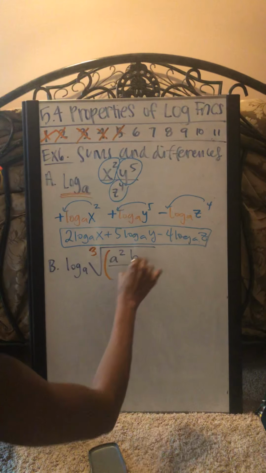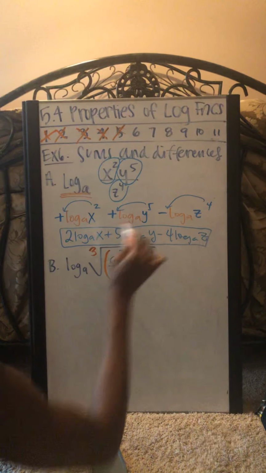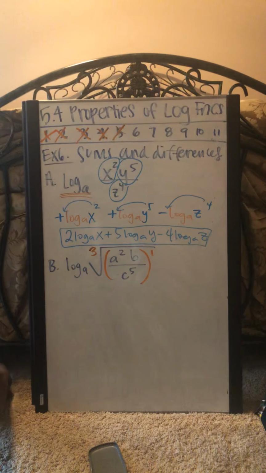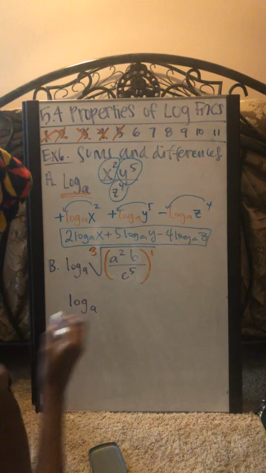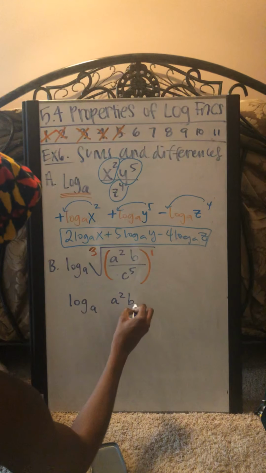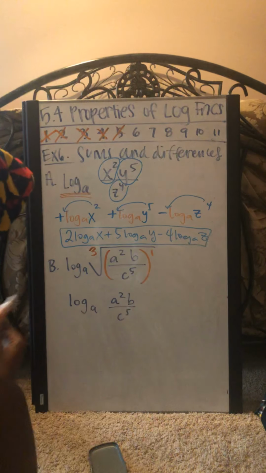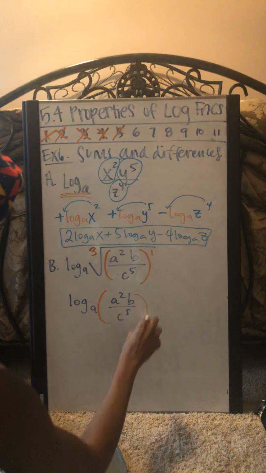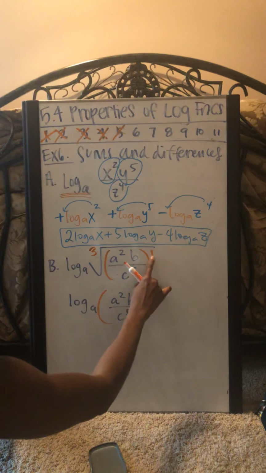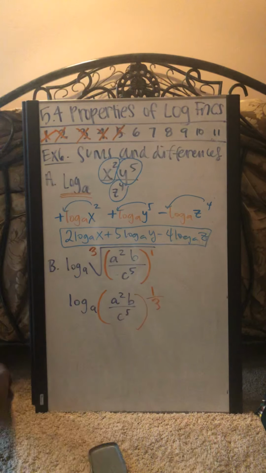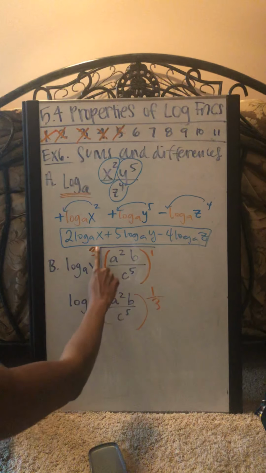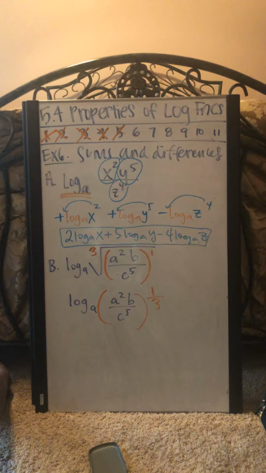But what we're going to do is just take everything on the inside and raise it to an imaginary 1, okay? So if we rewrite this, rich people is 1 on the inside, so 1 over poor people is 3, okay? So I've just rewritten our radical as a power.